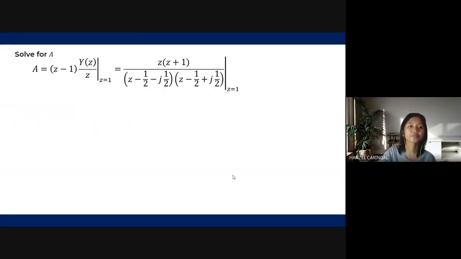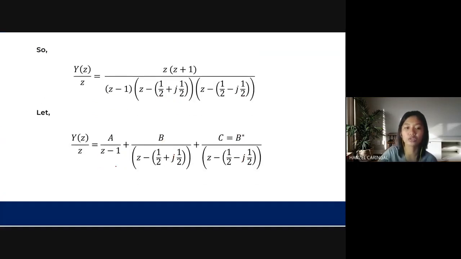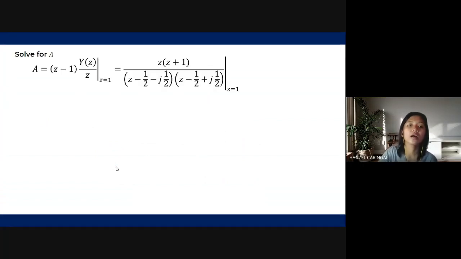So for A, as in the previous videos, we just have to multiply by the denominator of A. Since our denominator for A is z minus 1, we multiply it with Y of z over z. After multiplying, what remains is the other two factors and also the numerator.